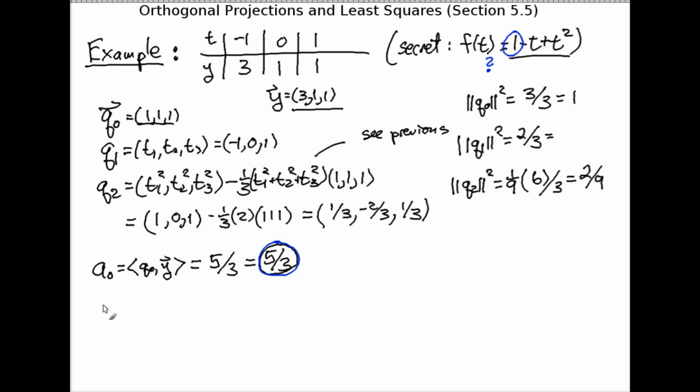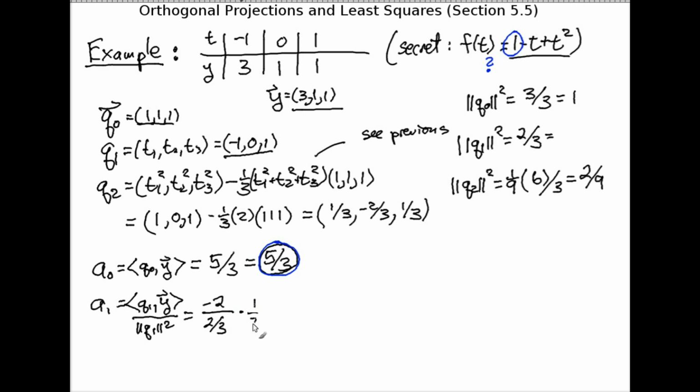Let's just go on. What's A1? A1 is equal to Q1 paired with y over the length of Q1 squared. Q1 is here. You pair this with y, you get minus 2, over the length of Q1 squared, which is 2/3.